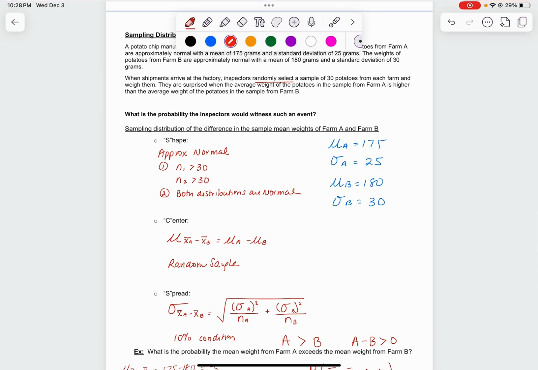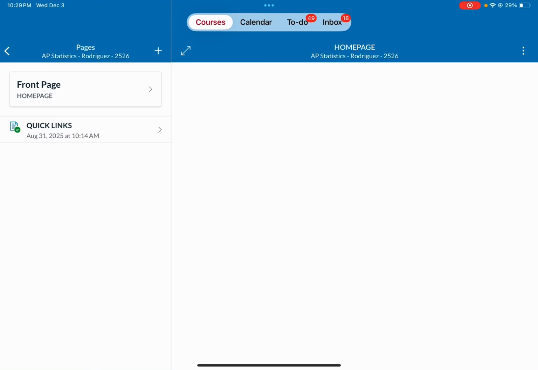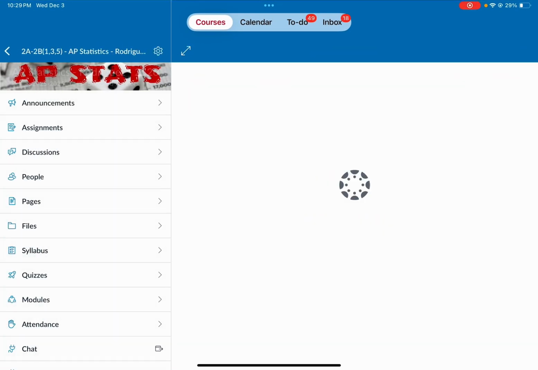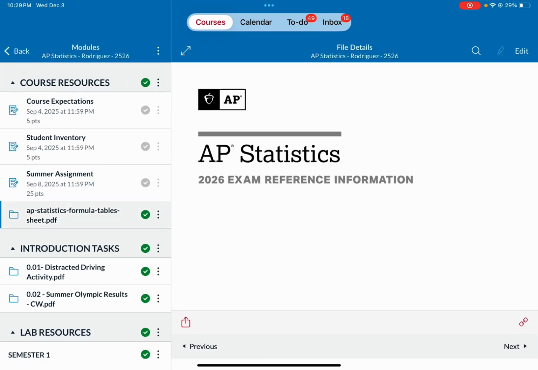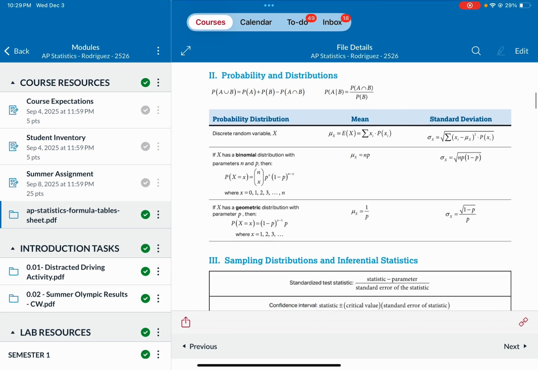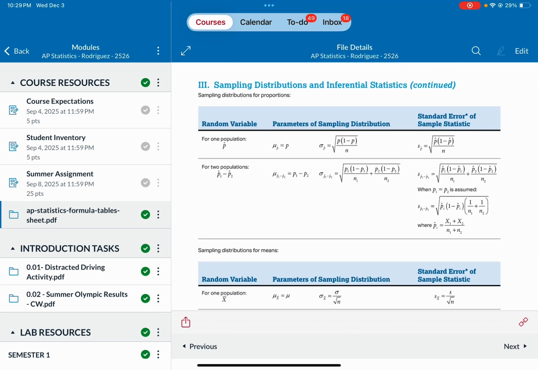All of the formulas we've been discussing are available for you on the reference sheet, which you will get on your exam, but it's always good if you know them by heart. You can see population for one proportion, for two proportions. Don't worry about standard errors. We're not talking about those yet. That's not until January.